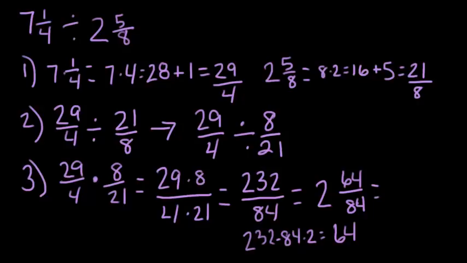So we'll still have 2. Let's just try dividing it by 2 and see where that will go. 64 divided by 2, that works evenly, 32. 84 divided by 2, that works evenly, 42. It can still be simplified more.